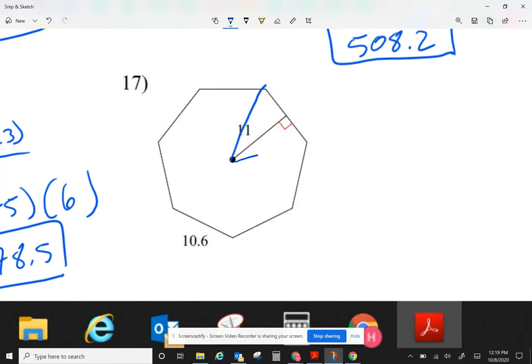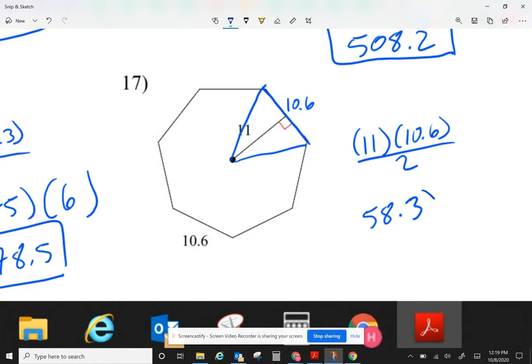Let's take a look at number 17. I'm going to be focused on this triangle. The measurement on the outside is 10.6. So let me multiply the two numbers that meet at the 90-degree corner. That's 11 times 10.6, and my result, I'm going to divide by 2. 11 times 10.6 is 116.6, divided by 2 gives me 58.3.